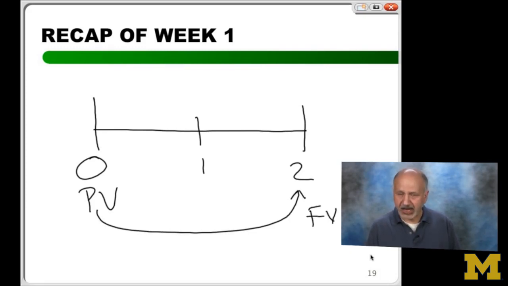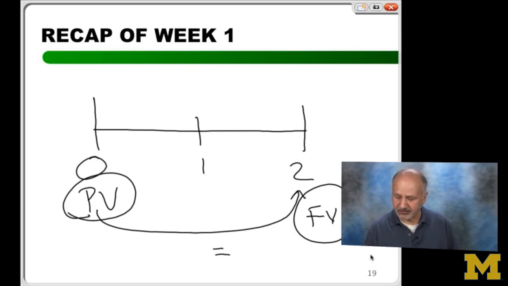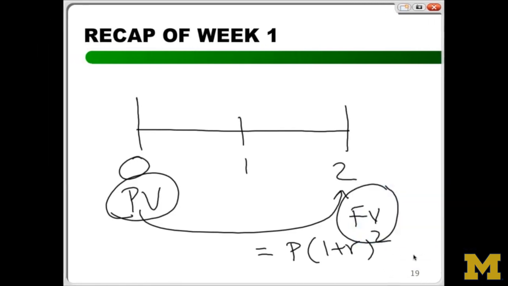And then, after recognizing that, we also did what the PV of something in the future looks like. And as you can see from this, the future value turns out to be P, which is the initial value, times 1 plus R raised to power 2, right? And that 2 can become N. And we got very familiar with going back and forth with all of this.